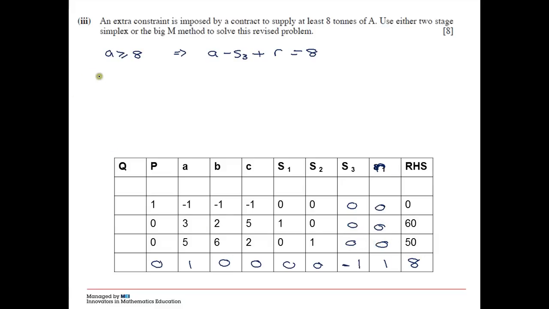And then my new objective, Q, is going to be equal to A, which is going to be 8 plus S3 minus R. So we've got Q minus S3 plus R is equal to 8.